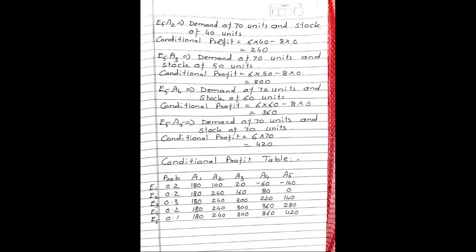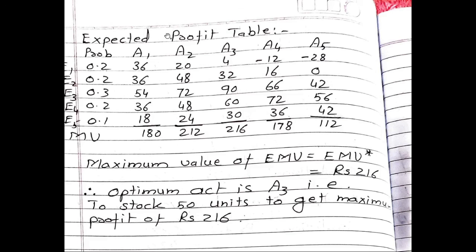Whatever calculations we have done, we will put in tabular form as 180, 180, 180, 180, 180, 100, 240, 240, 240, 240, 20, 160, 300, 300, 300, minus 60, 80, 220, 360, 360, minus 140, 0, 140, 280, 420. Now after getting these values, we will find the expected profit table.